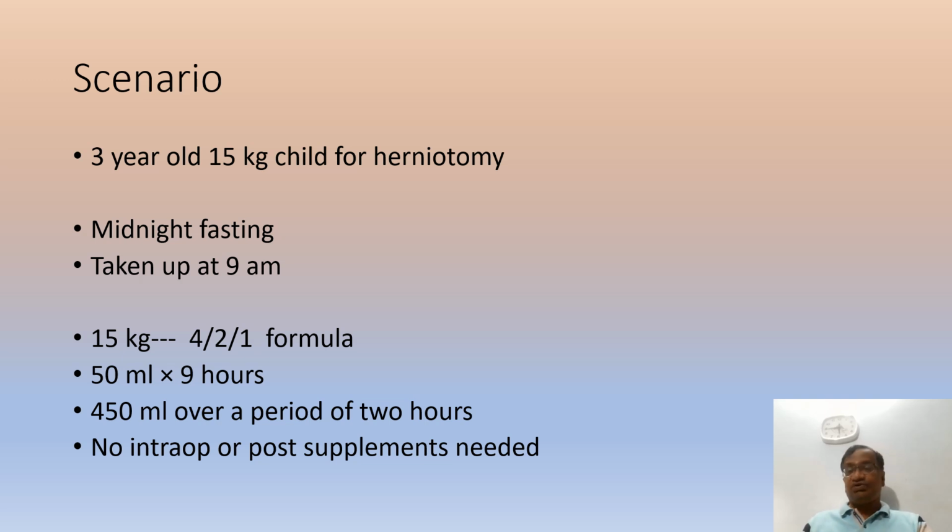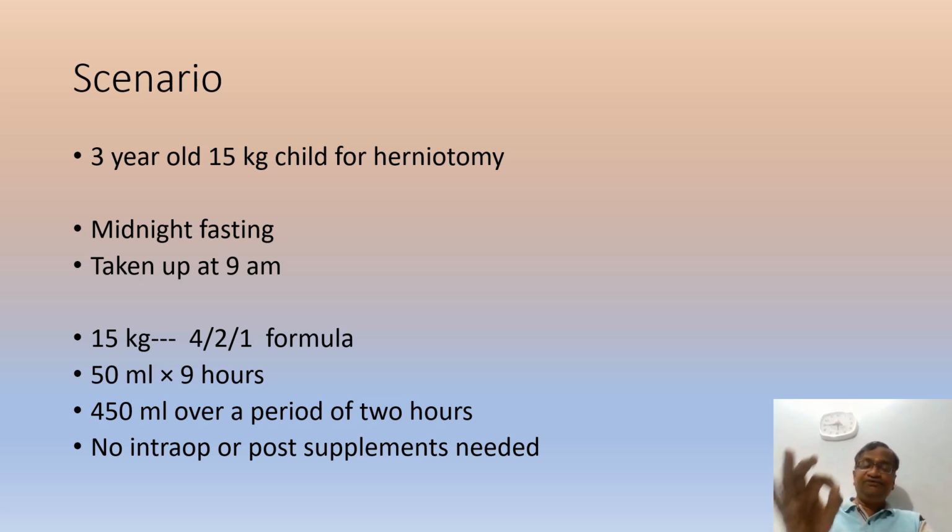If this baby had taken good clear juice up to 2.5 hours before, then IV access itself may be enough. So I am again insisting on one point: all these things also depend upon the anesthesia technique. Okay.